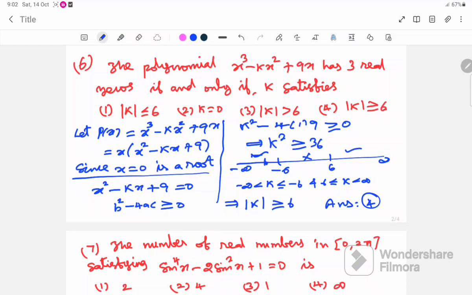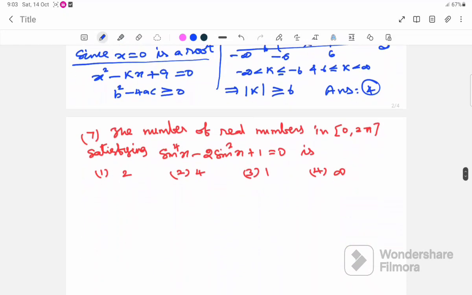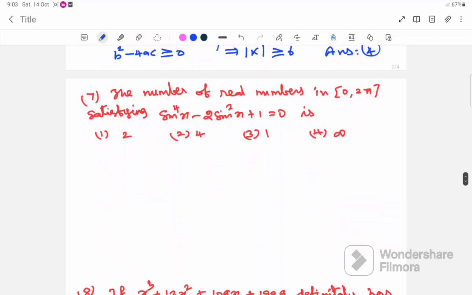Okay. Now, going for question number 7. The number of real numbers in the closed interval 0, 2 pi satisfying sine power 4 x minus 2 sine square x plus 1 equal to 0 is. Okay. See, given it is sine square x minus 1 the whole square equal to 0.